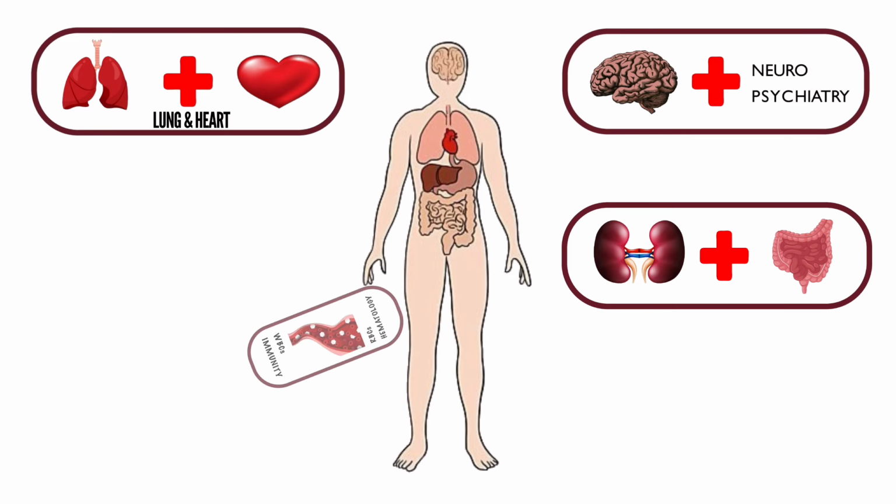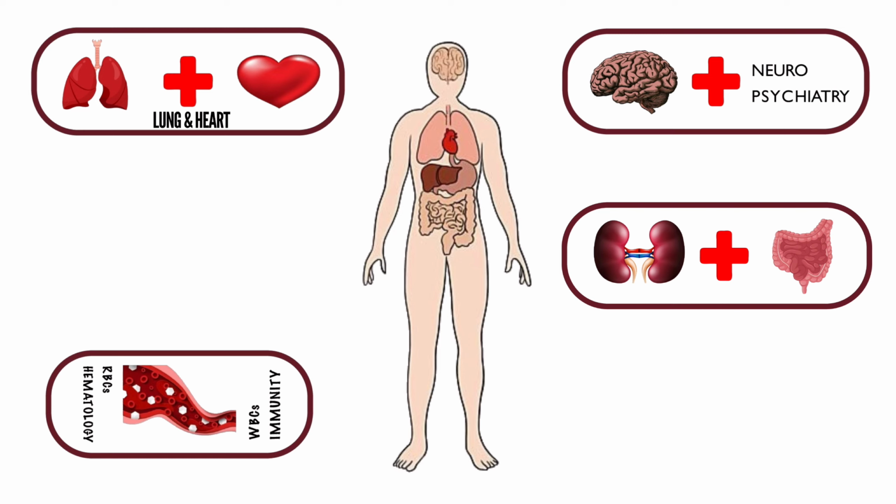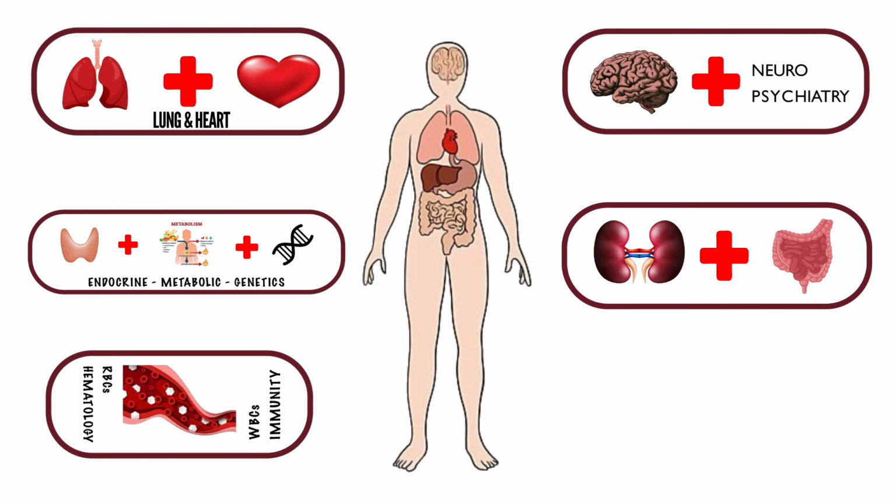Next group is hematology and immunology. Of course, in hematology we mainly discuss the platelets and red blood cells, and immunology is mainly related to white blood cells, and both are in the bloodstream. So we group them together and we add to this system asking about lymph nodes. Next group is endocrinology, metabolic and genetic.